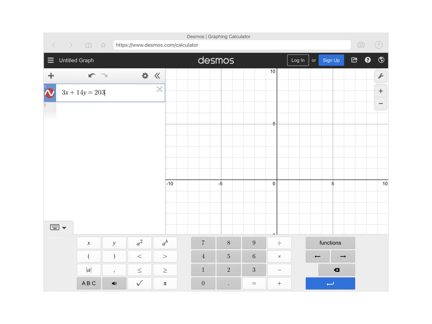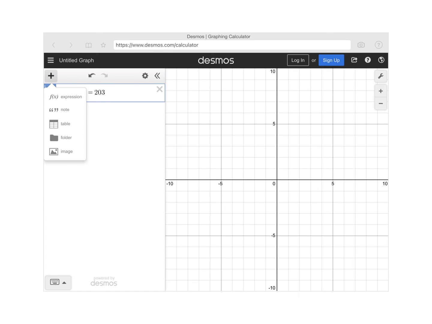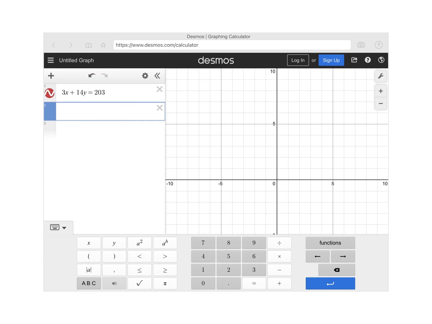You might notice that you can't see the line. That doesn't mean it's not there. You just have to zoom out. Remember, the numbers are really big. And then you should just be able to click on the next line and type in the next one. 11x plus 11y equals 220.